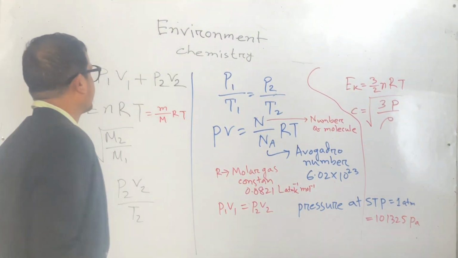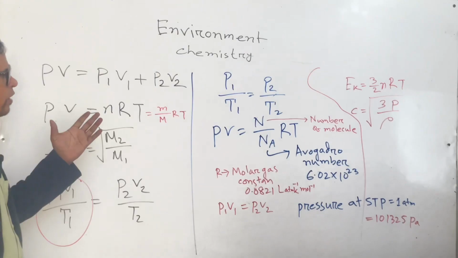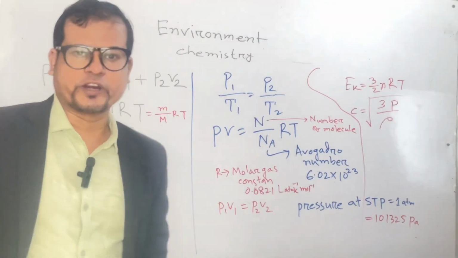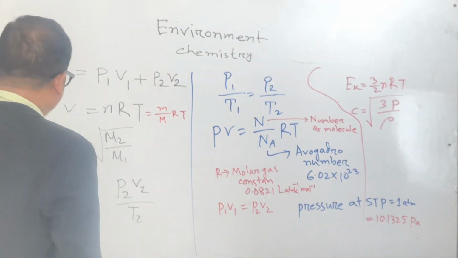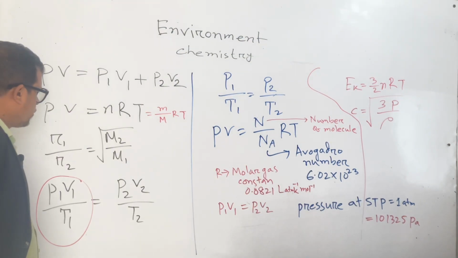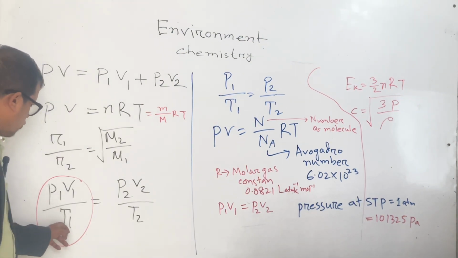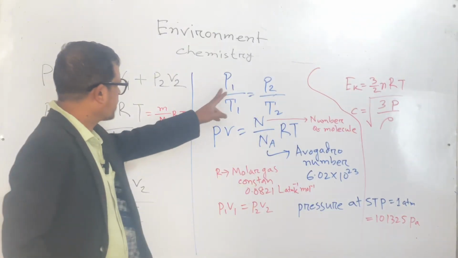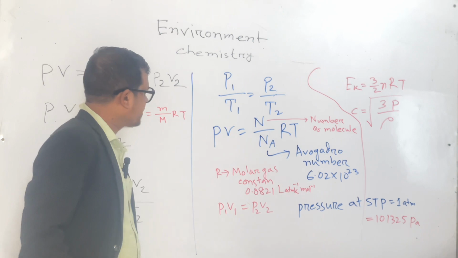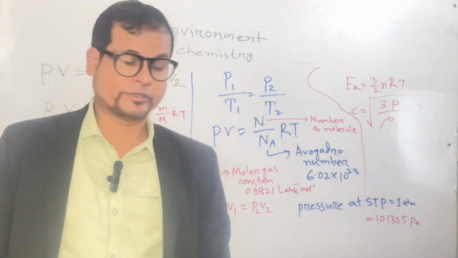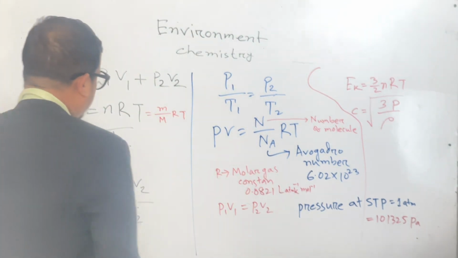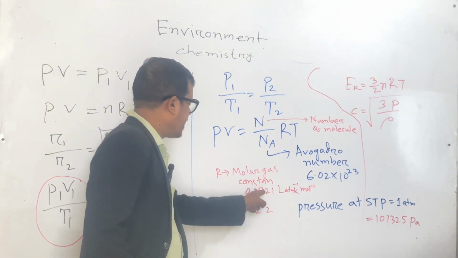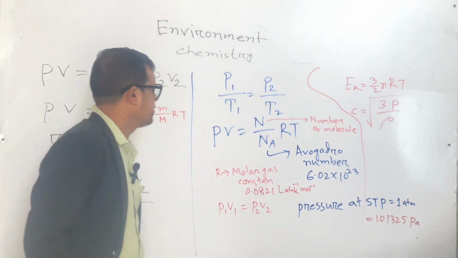Again, in short: PV equal to nRT, equal to m over M RT; P1V1 over T1 equal to P2V2 over T2; P1 over T1 equal to P2 over T2; PV equal to N over N_A RT. R is the molar gas constant, equal to 0.0821 liter atm per Kelvin per mole.